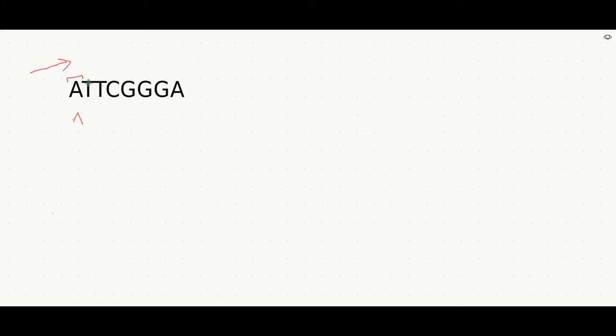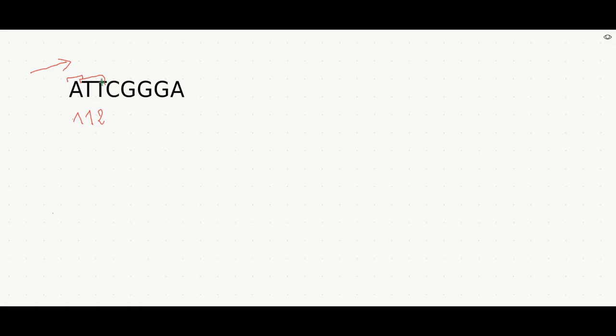So the answer, if we just take this T, is also 1. But here, since this T is equal to the previous character, then we need to consider this whole substring. So the answer here for this T would be 2.